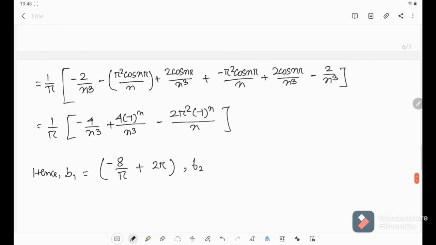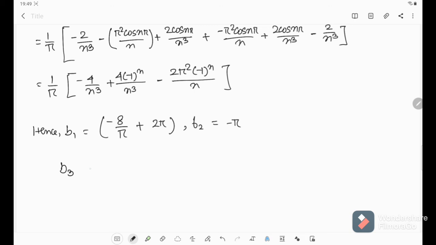Now b2 would be, for n equal to 2, the first two terms will cancel out and we will only get minus pi.